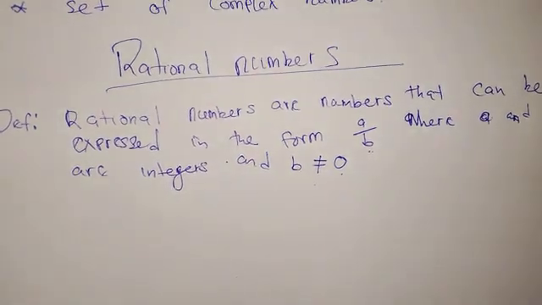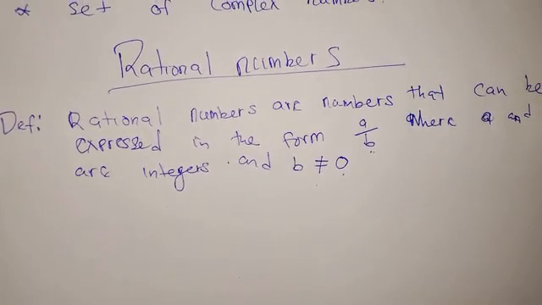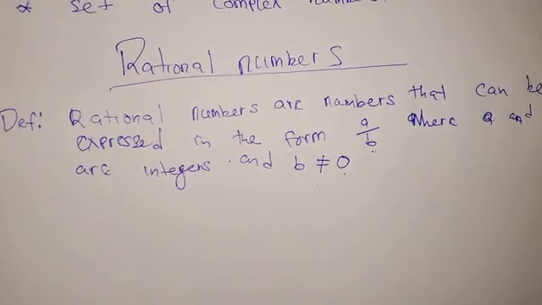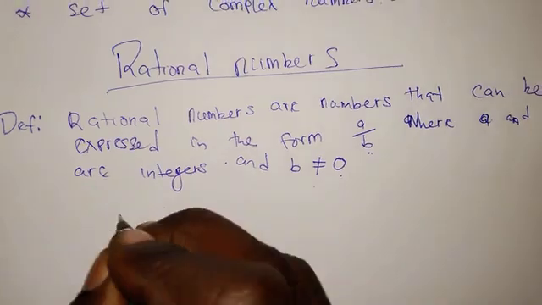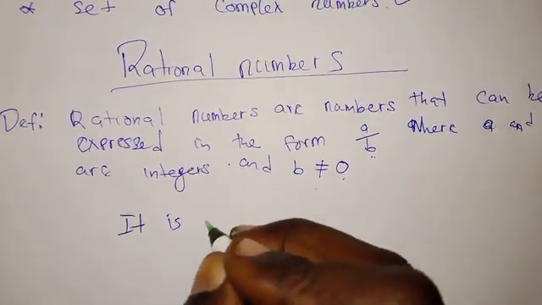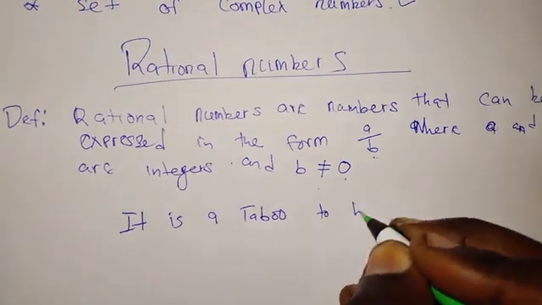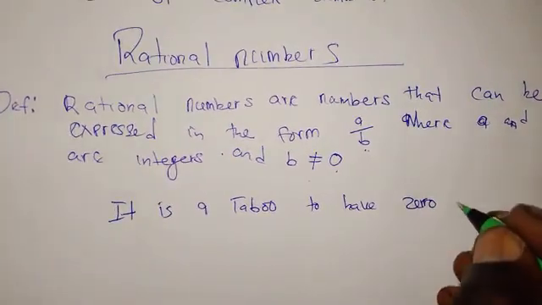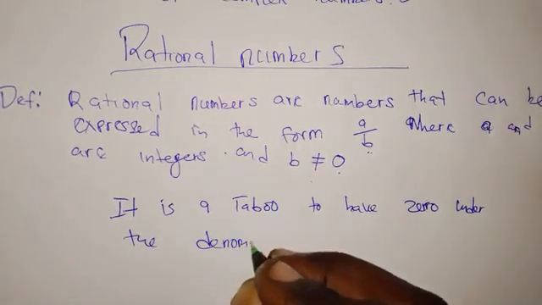There are some simple mistakes which we always tend to make in mathematics, and which by all means we should never make. Every time you are writing a fraction, the denominator should never be 0. That's one thing you're supposed to understand. It is a taboo to have 0 under the denominator.